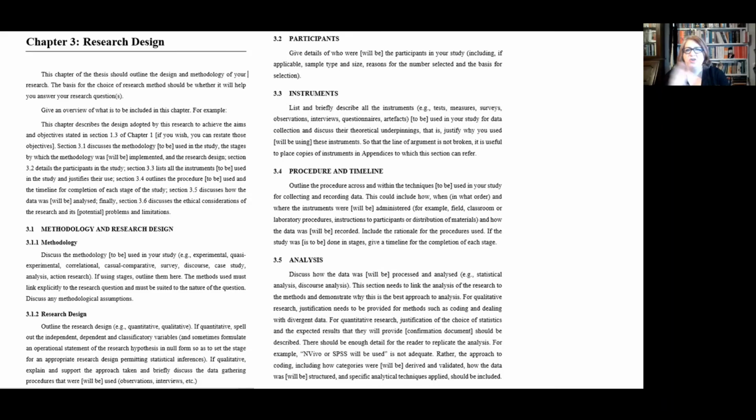So instruments and tools are kind of similar, but instruments, we often use that term to mean a specific type of survey in psychology. There may be 4 or 5 different survey instruments that you use. So then this one has procedure and timeline, and then how you're going to analyze the data.